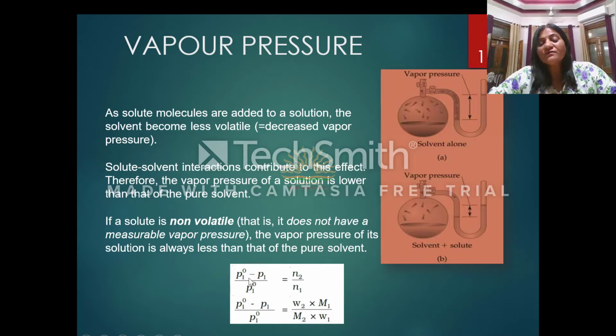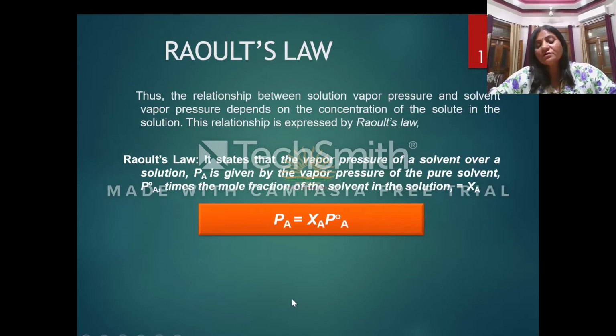Because the lowering of the vapor pressure, P01 minus P1, is directly proportional to the mole fraction of the non-volatile solute. It is equal to N2 upon N1. Now P01 minus P1 upon P01 is equal to N2 upon N1.